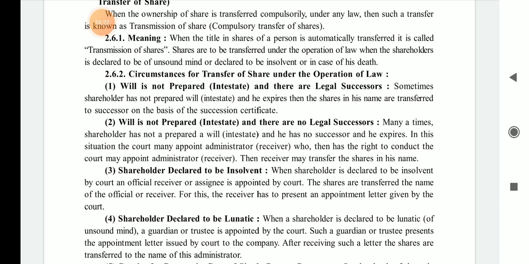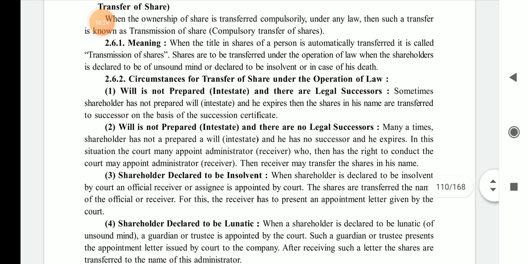If that person presents a succession certificate, the shares are transferred automatically to that person who is the legal successor of the shareholder.